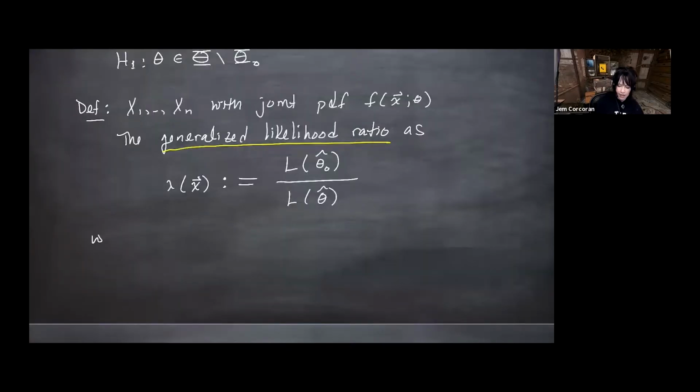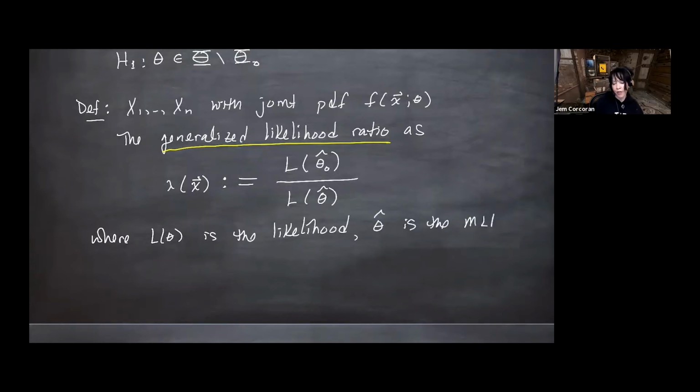And here, L of theta is the likelihood function. Theta hat is the maximum likelihood estimator for theta. And theta naught hat is the so-called restricted MLE.